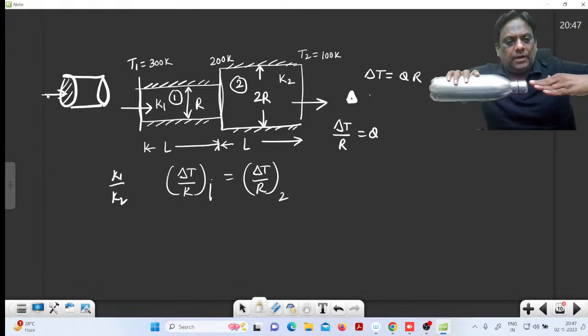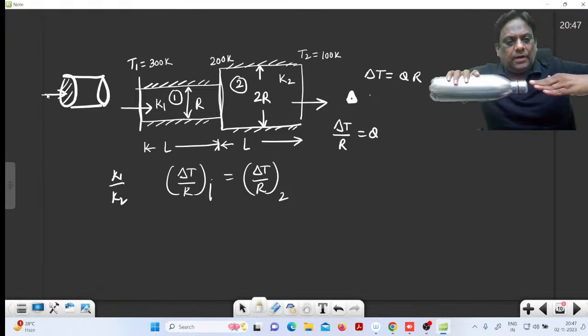इधर देखो delta T. For first one, what is delta T? 300 minus 200. And can you tell me what is conductive resistance? I taught very clearly. It is L by Ka. तो इसके लिए होगा delta T by R. L by K is K1. And what is the area, sir? Pi R square.